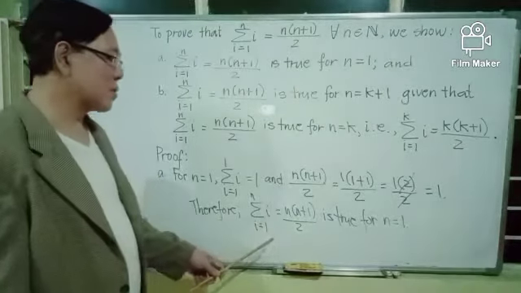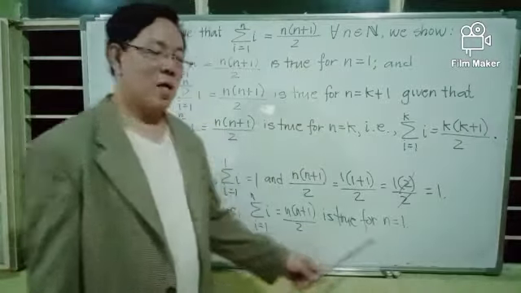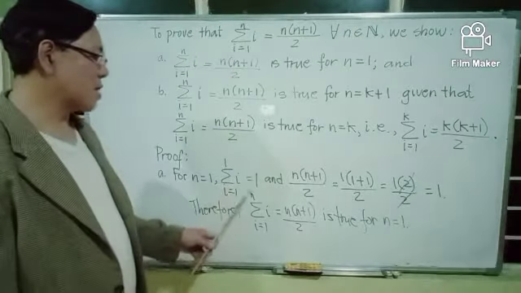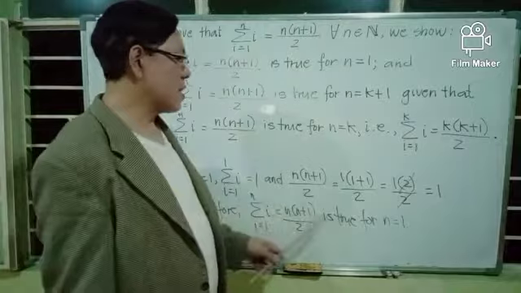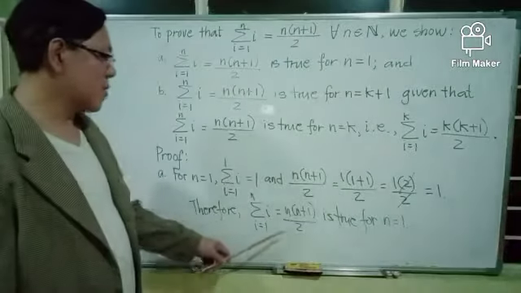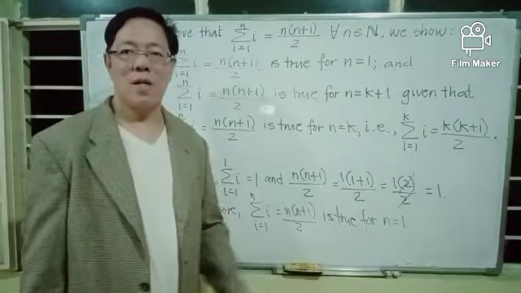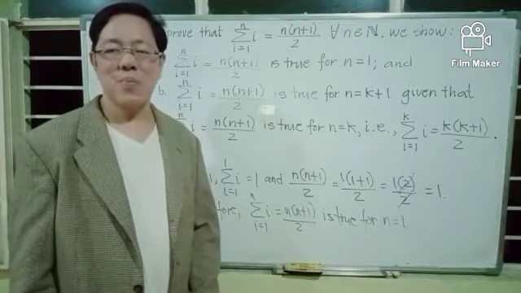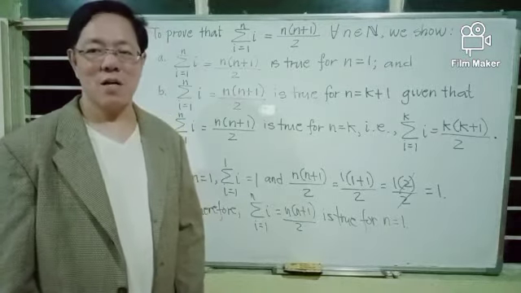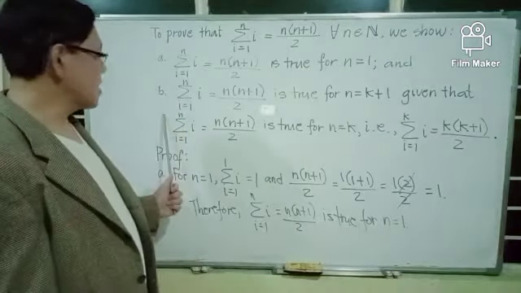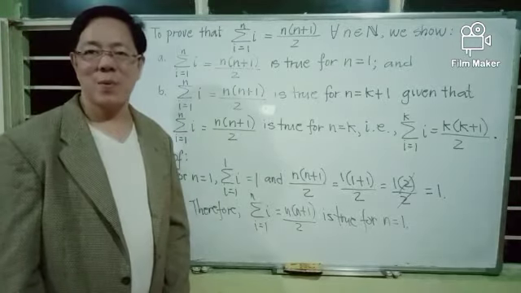This statement is true for n equals 1. As we have shown, the value of the left side is 1, the value of the right-hand side is 1. So this statement is true for n equals 1. And that's the first part of the proof by mathematical induction. Now we proceed with the second part of the proof.